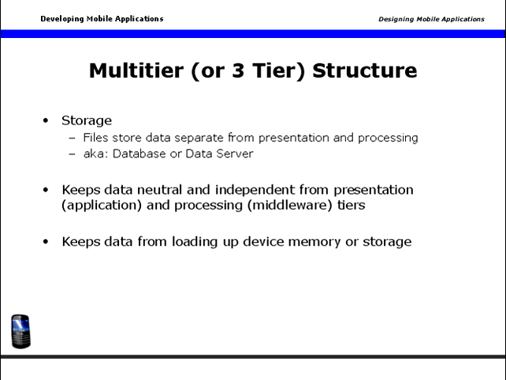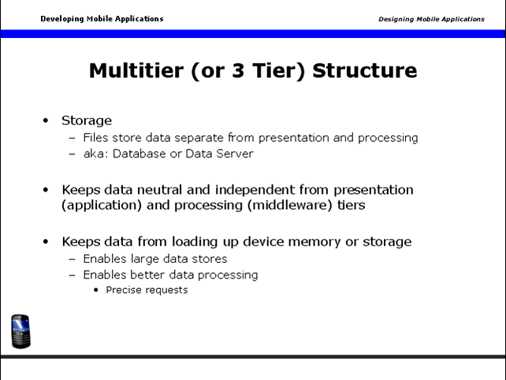This also keeps data from loading up device memory or storage, which in turn enables large data stores for tiny data calls. In other words, you can take a tiny bit of data from a huge database, such as a single address from a huge mapping database. This enables better data processing, includes more precise requests, and provides quicker responses.